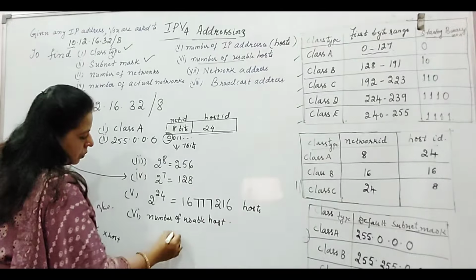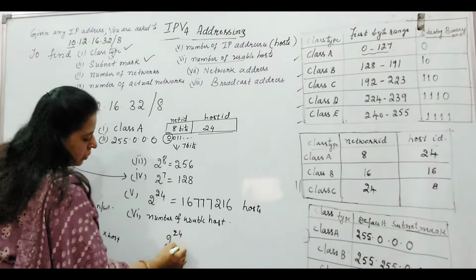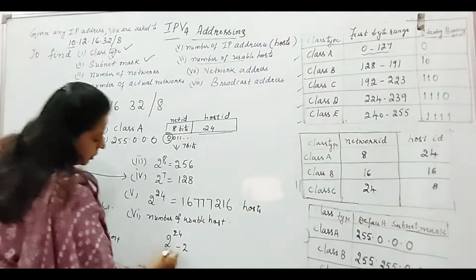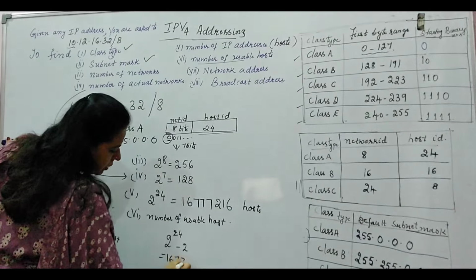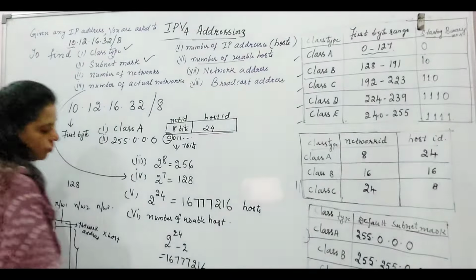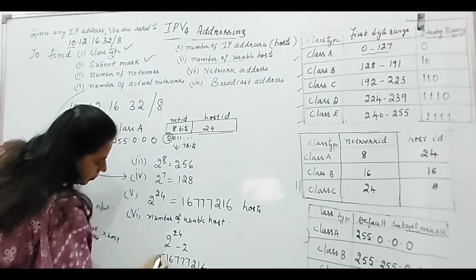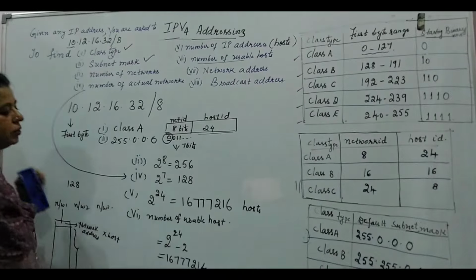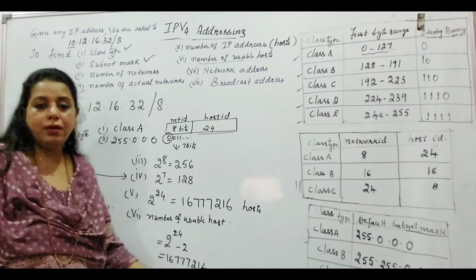So it will be 2 to the power of 24 minus 2. That is nothing but 16777214. So you will have these many usable hosts in each network.